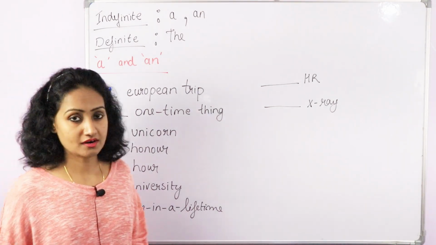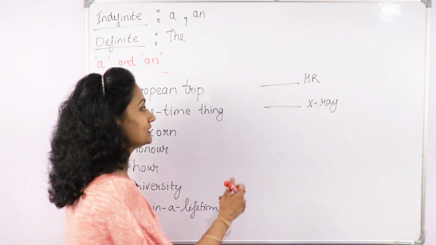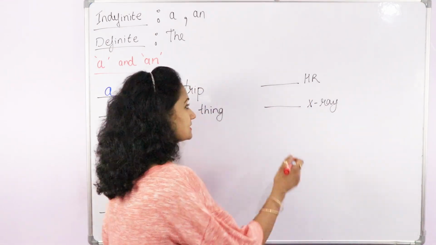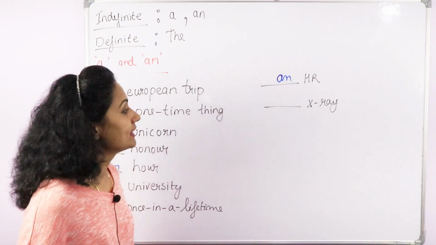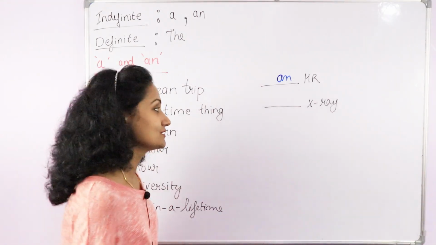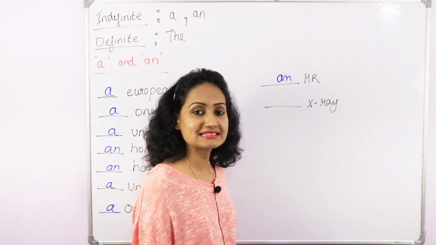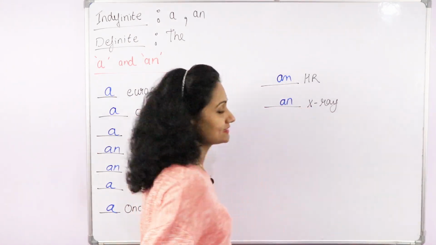Next is HR. I am an HR, okay, the sound of a vowel, not a consonant. So an HR. Next is X-ray, the sound of a vowel, that is E. So an X-ray.